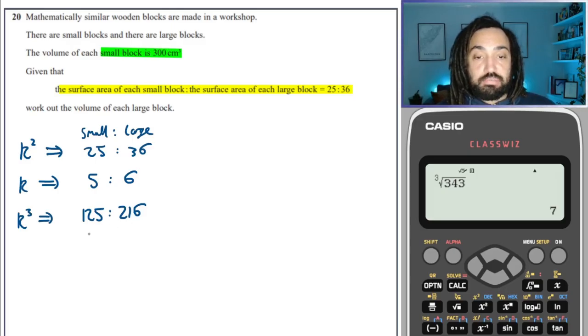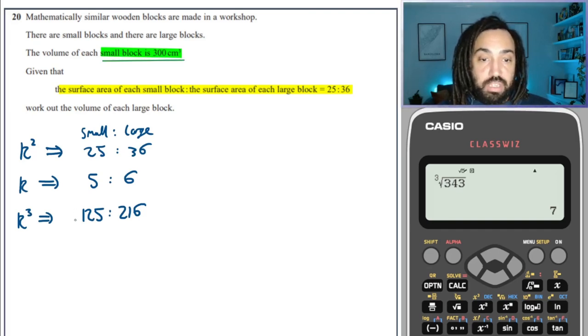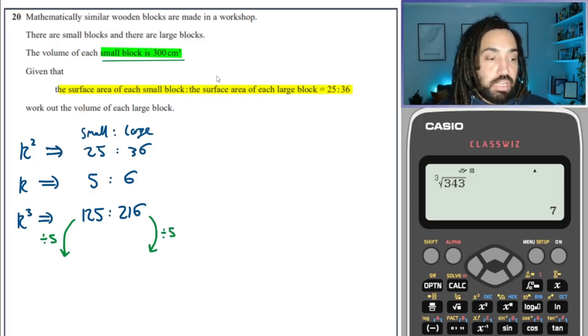Okay, so now I want to use this ratio to find the value of a small block, which is 300. So I'll just use the unitary method, which is essentially I'm going to divide both sides by 5. And what will that give me?